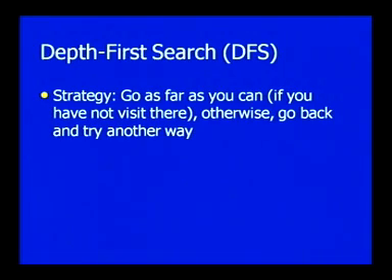This is what we are going to do as part of depth first search. We are traversing or visiting the node as far as we can. If you encounter a node that has already been visited, then you backtrack and try another way.